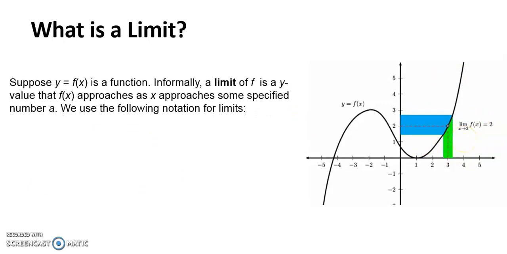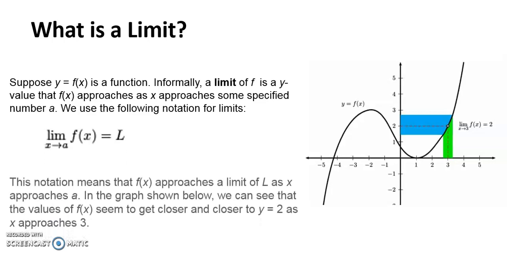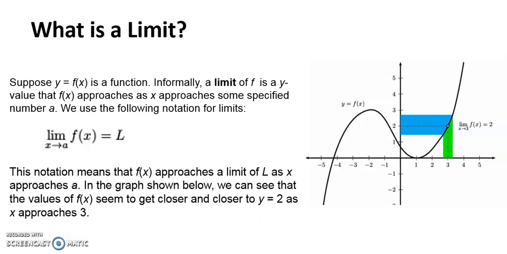Now suppose y equals f of x is a function. Informally, a limit of f is a y value that f of x approaches as x approaches some specified number a. We use the following notation for limit. This notation means that f of x approaches L as x approaches a.